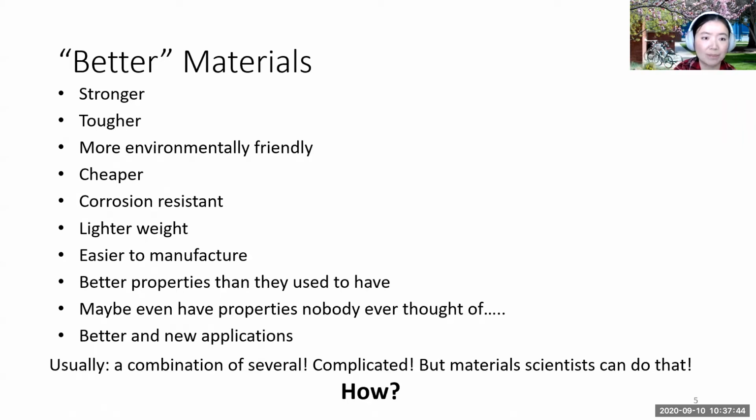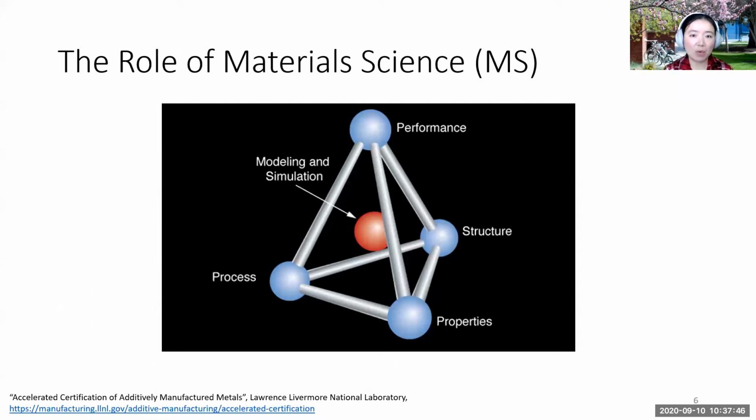The role of material science is very simple, and I really like this figure. It just shows the relationships, and what we try to do in material science is to find the relationships between the processing, structures, properties, and performance of the materials.